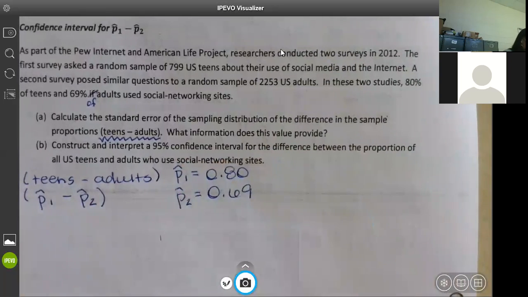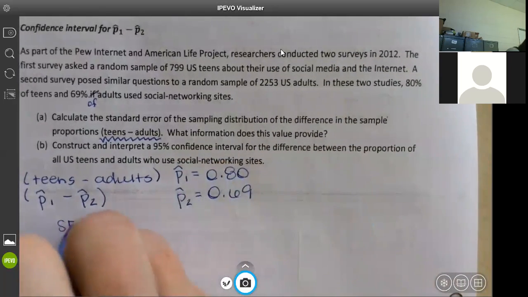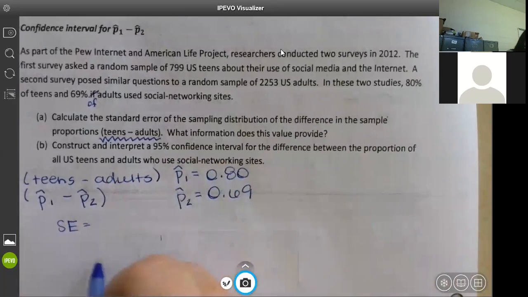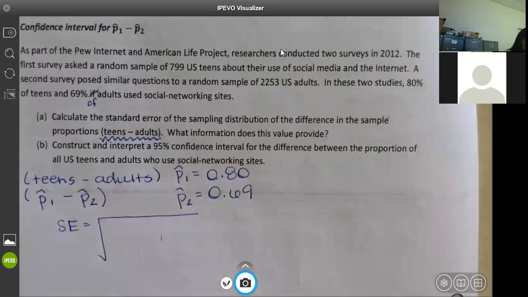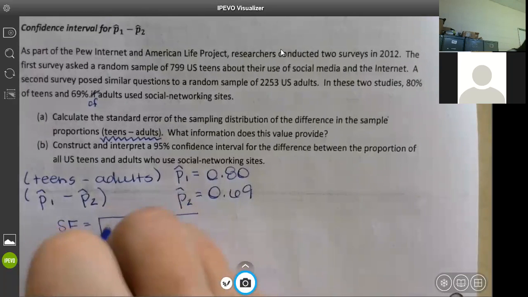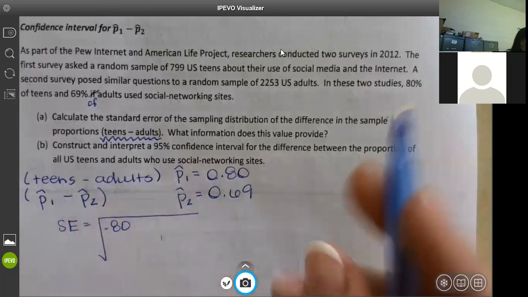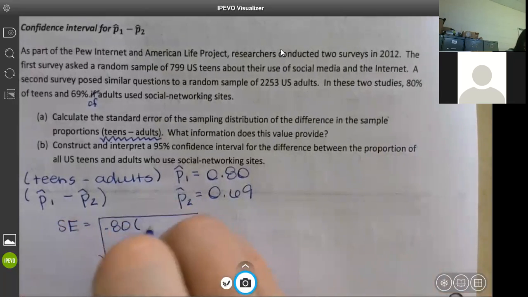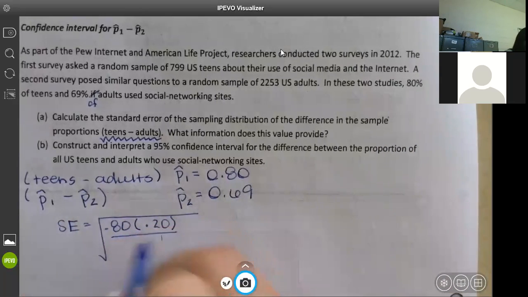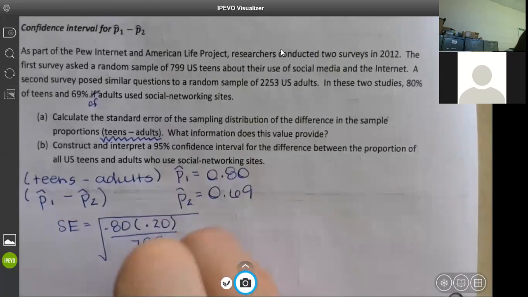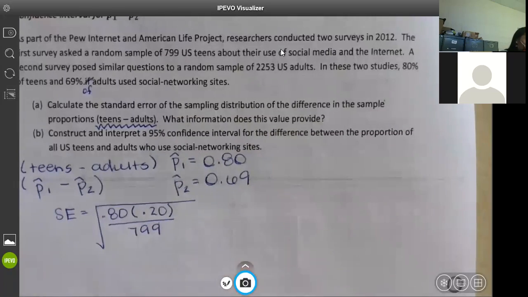Remember that the standard error is that back part where it's the square root, it's the standard deviation, okay? So we're going to do P hat 1 (1 minus P hat 1) over N. So our first sample, our teens, were 799.